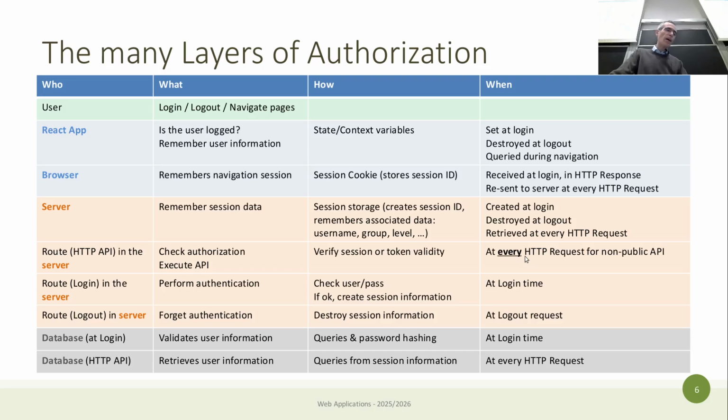Actually, anybody could add, that's fine, but at least we had to do a check. It was not really authorization, it was consistency, but we had to check that the ID of the question existed, right? So there are a lot of checks that have to be done on the server side, especially from the security point of view, okay? Login time, logout, and so on, and also the database, okay?